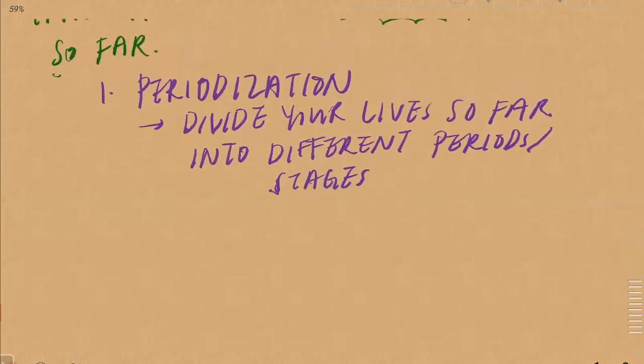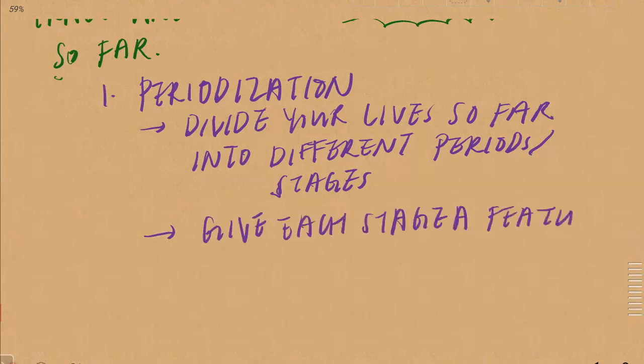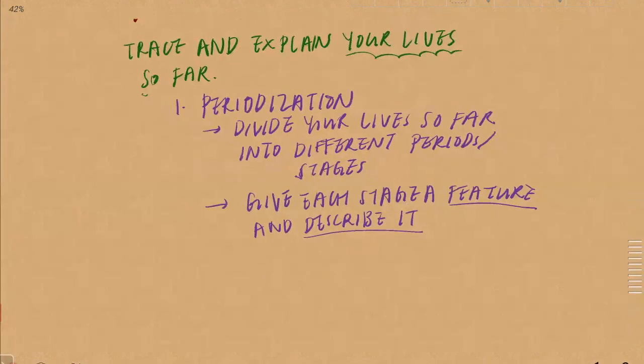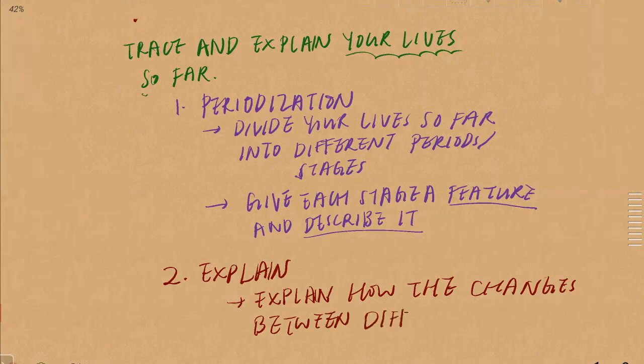So you divide your life so far into different stages, and then give each stage a feature and describe them. If you remember, you need to use an adjective or noun phrase to describe the period that you are going to talk about, and then explain how the changes happened between different parts of your life.